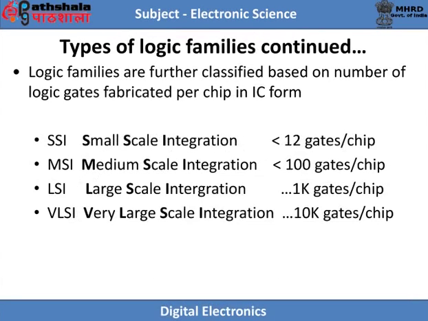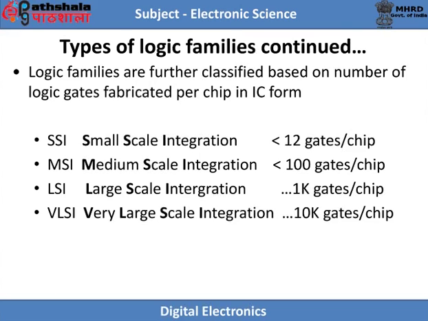Logic families are further classified based on the number of logic gates fabricated per chip in the IC form. SSI, that is small scale integration, has less than 12 gates per chip.